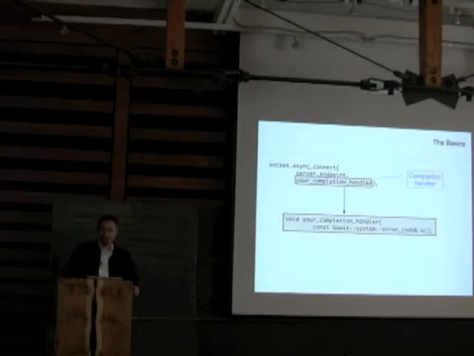Now, some of the operations take additional arguments to their completion handler. So for a read or write, for example, it's the number of bytes that were transferred. And if you look up the documentation for any particular function, you'll see the signature that you're supposed to provide.